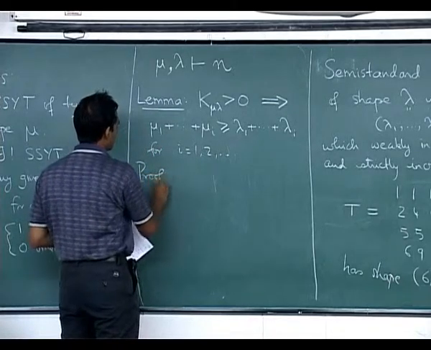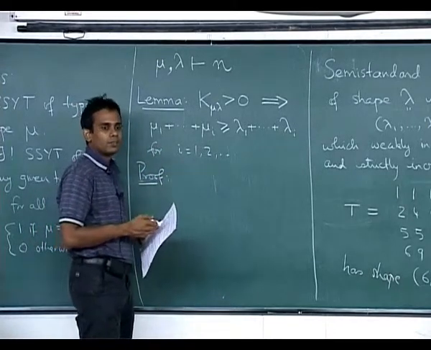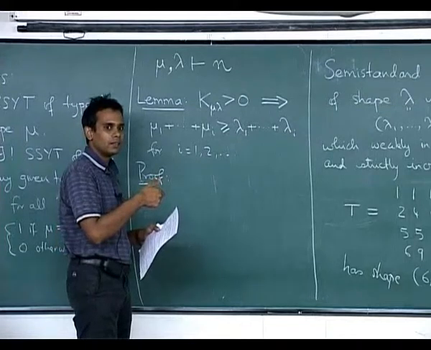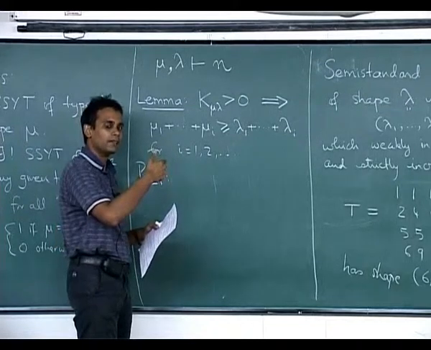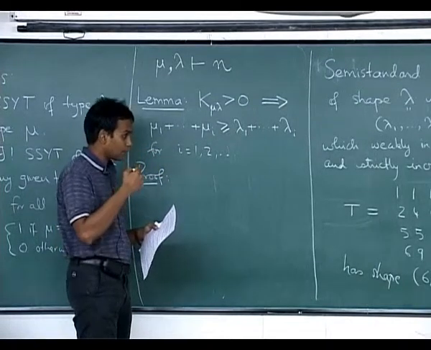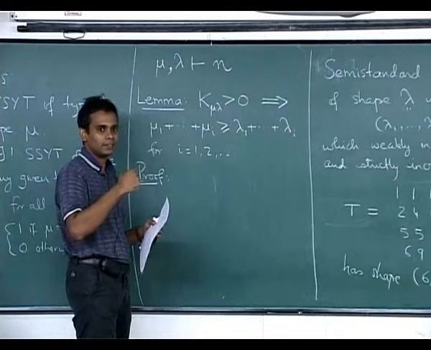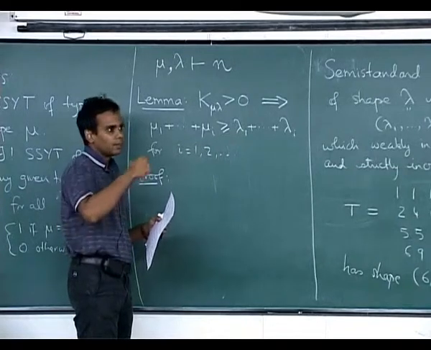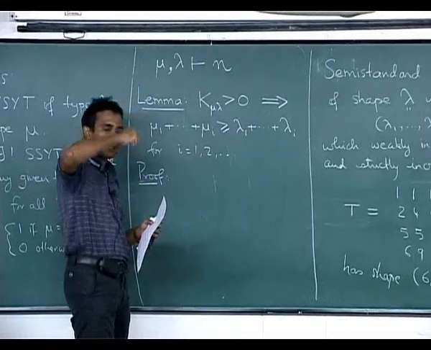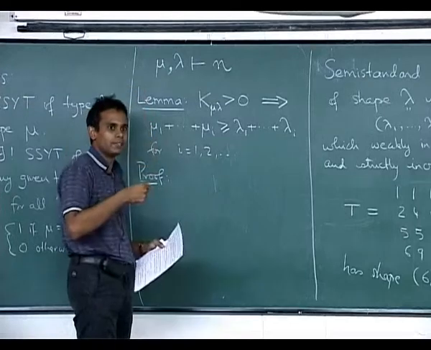The thing is that each column is strictly increasing. So suppose you have the number r somewhere in your semi-standard Young tableau, then the things that occur above it must be strictly less than r, and they must occur at most once because the column is strictly increasing.